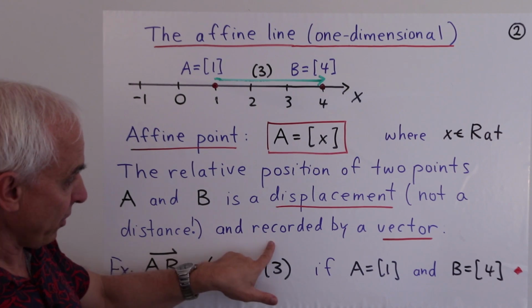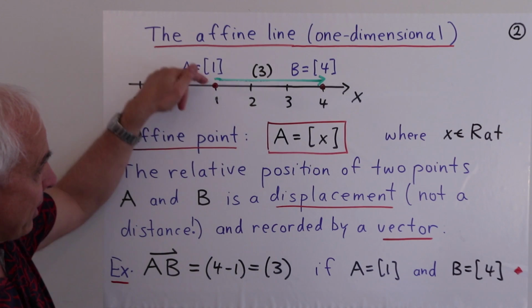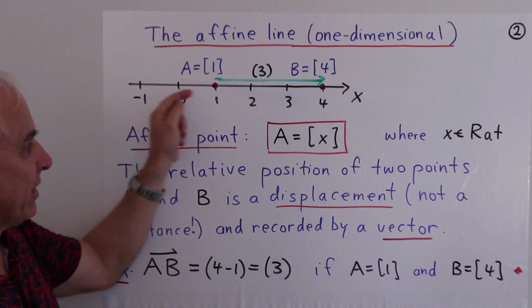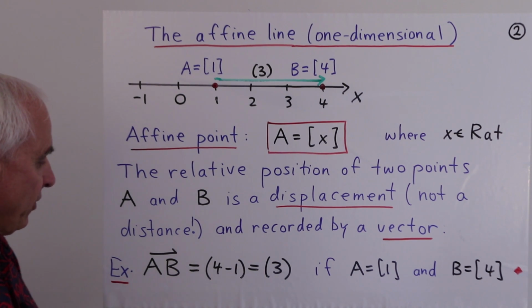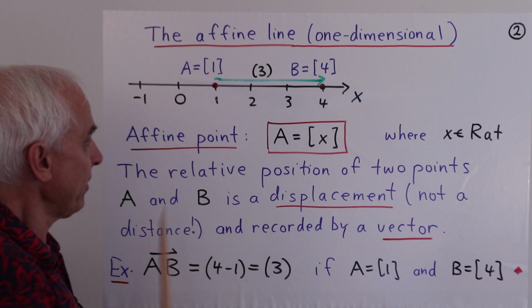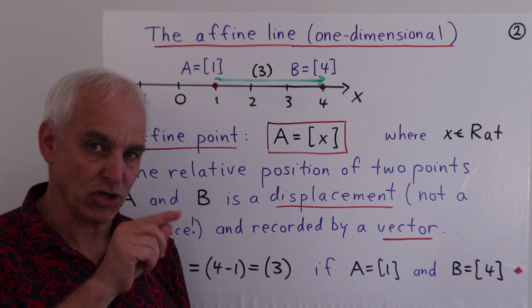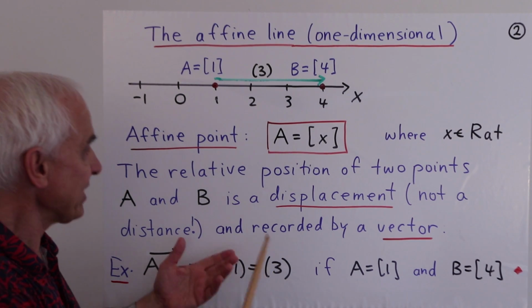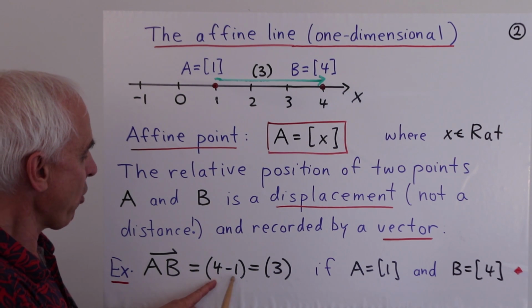Okay, and we're going to record this geometrically by a vector, just like this. A line segment with an arrow on one end telling us which way we're going. And here's a convention that we're going to be using. So this arrow, we'll write as AB with a little arrow on top. And to express the relationship, we'll write round brackets 4 minus 1.